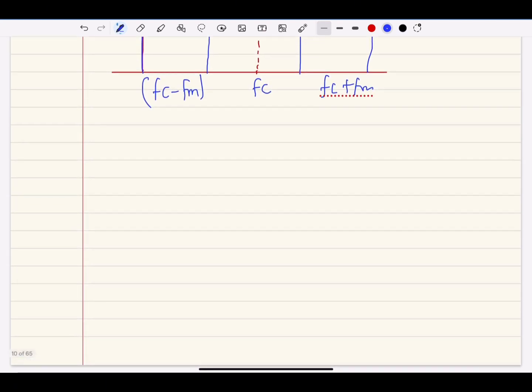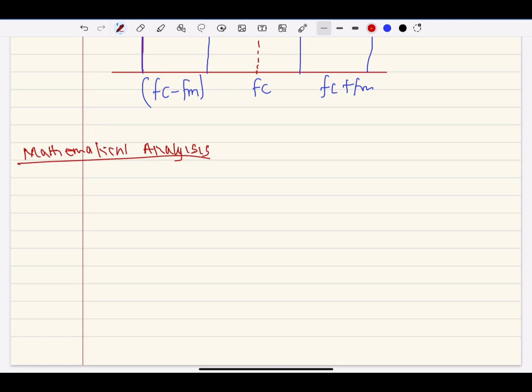Let's do the mathematical analysis for this. In fact, let's use the definition first to get the various parameters that we want.